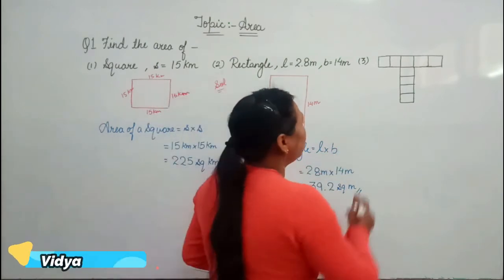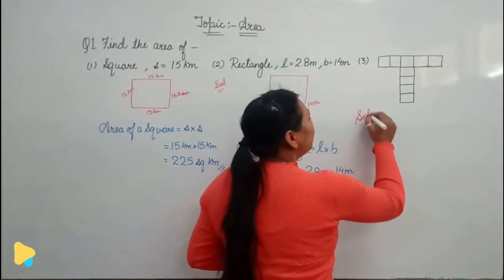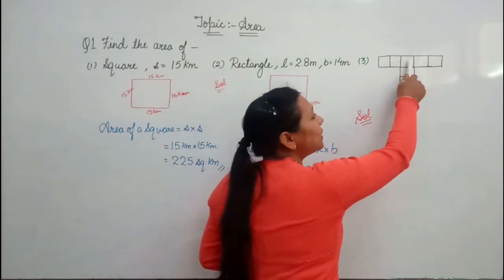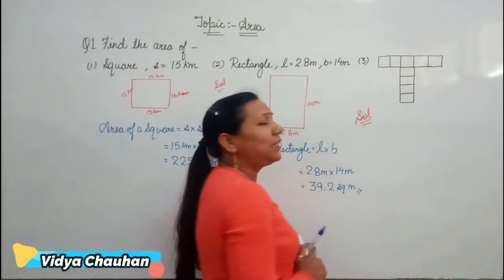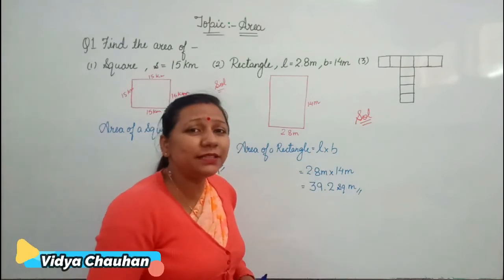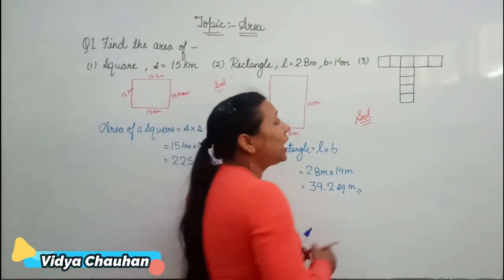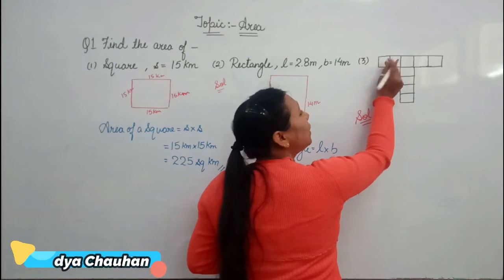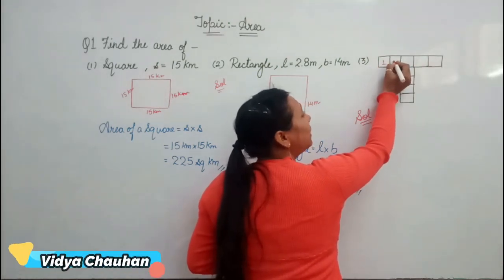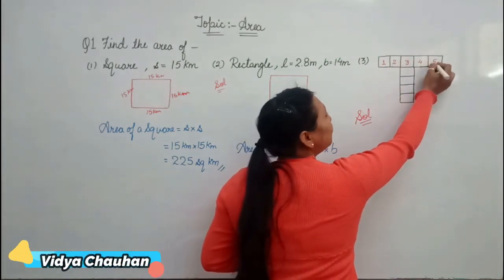Let's come to the third question, and in this third question you can see there are no dimensions given to you, but it is a figure in which small cubes are there, and it is said that find the area enclosed by this figure. So whenever this type of question is there, and if it is said that find the area of this figure, what you have to do, you just have to count the number of square cubes here. So how many square cubes are there? 1, 2, 3, 4, 5.